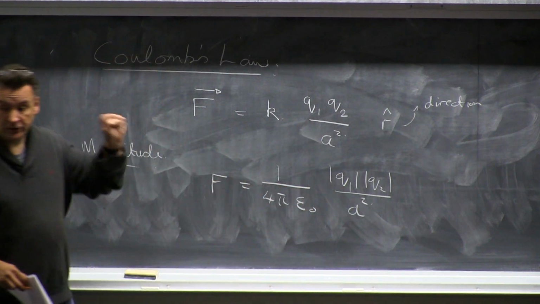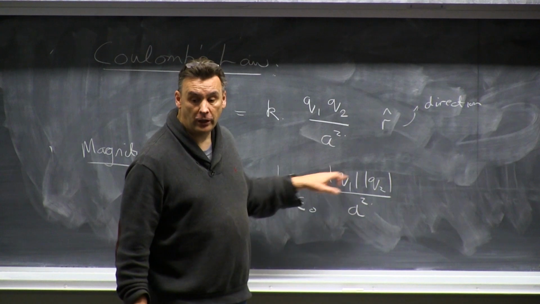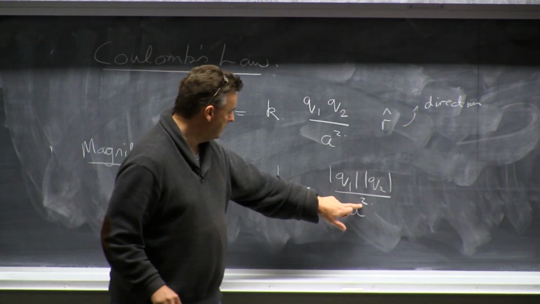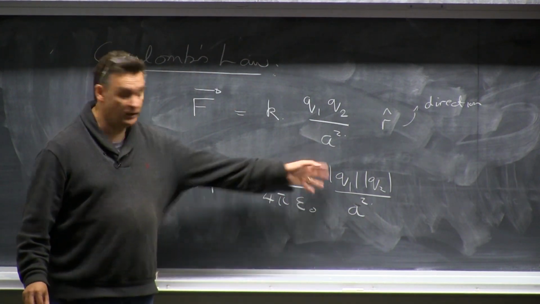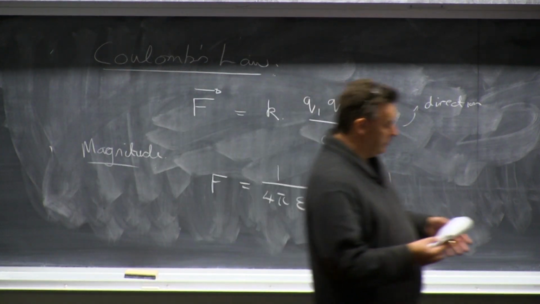So this basically tells us everything we need to know about forces on charges. We need to have two charges. We need to know their distance, or their separation, A in this case. And there's a bunch of constants which make force equal to charge and distance. So we've introduced a new term here.